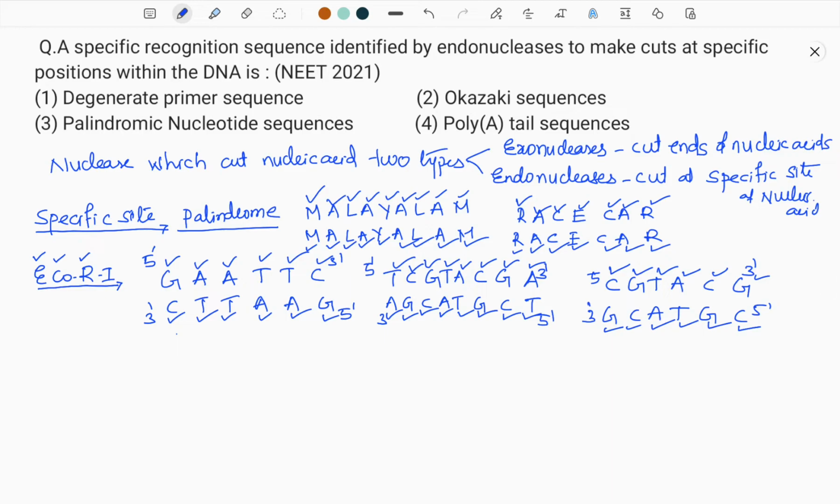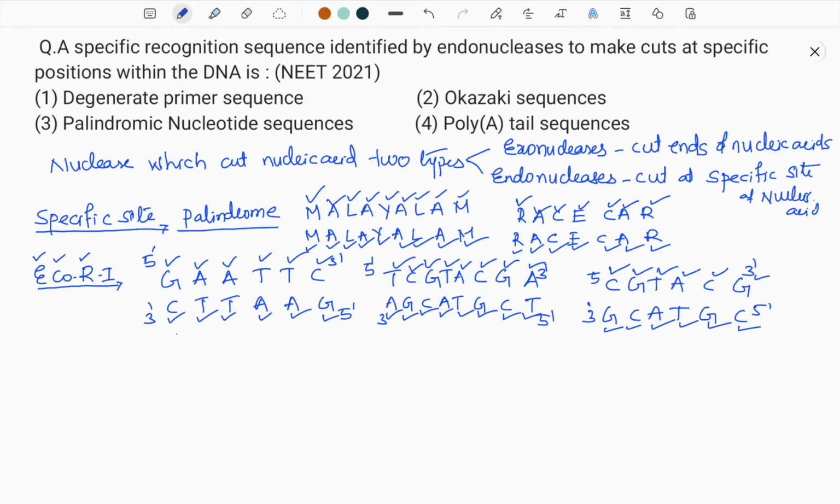See, what is restriction? That is also a point of discussion. Restriction means actually the bacteria will produce these restriction endonucleases when they are attacked by viruses. The virus will inject its DNA inside the bacteria, and at that time the bacteria will synthesize restriction endonuclease to break the viral DNA.